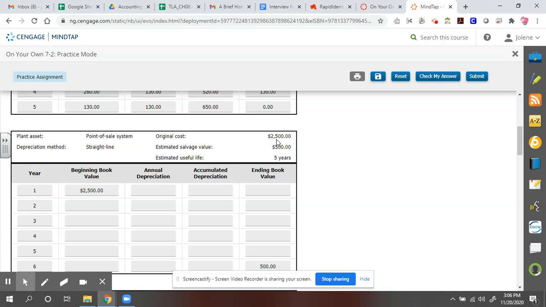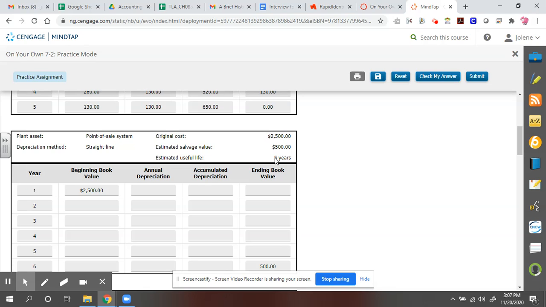In a normal year with this point of sale system, we need to total depreciate off $2,000, because 2,500 minus 500 is 2,000. So 2,000 divided by 5 years.